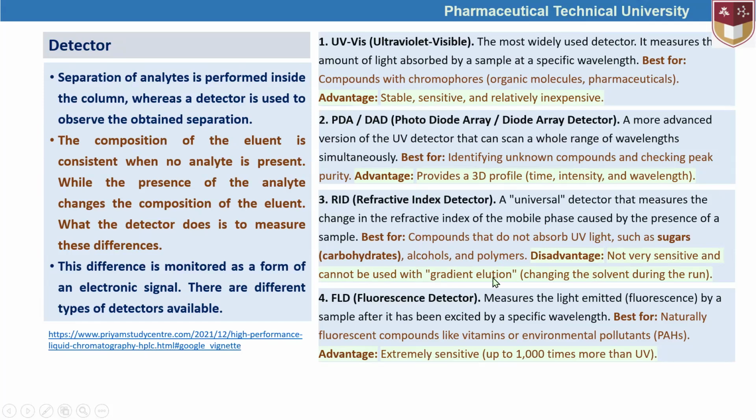We are going to talk about gradient and isocratic regimes a bit later. However, they are best for compounds that do not absorb UV light. Sugars, alcohols, and polymers can be identified with a refractive index detector.